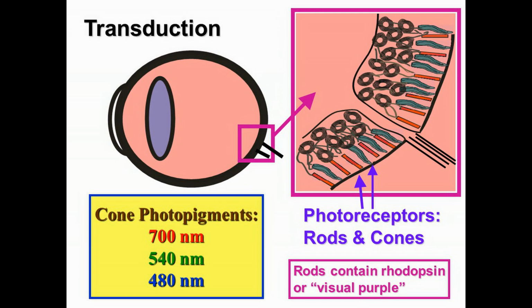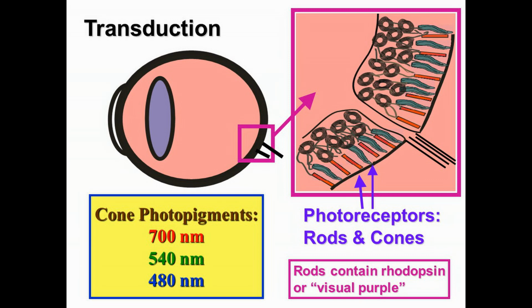Rhodopsin can be removed from the rods, placed in a test tube, and it is a purplish color. If it is exposed to light of a particular wavelength, then it undergoes a chemical process called bleaching, and it turns a whitish pink color. You do not need to know this, but rhodopsin undergoes its chemical change optimally when exposed to light of about 505 nanometers.